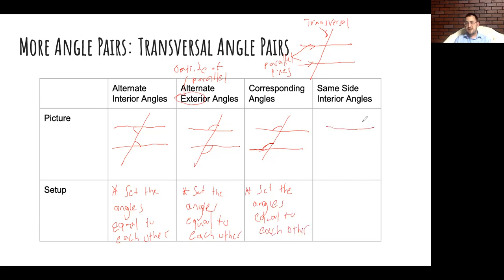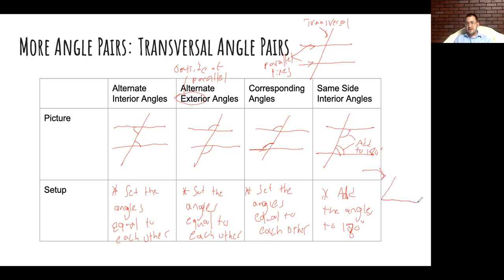And then the same side interiors, this is not equal to each other, but these add to 180. Now, same side interiors do come up.